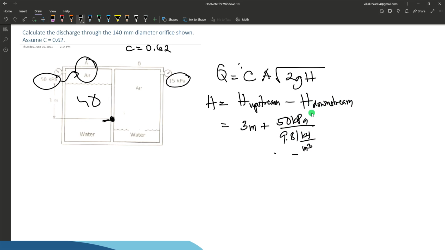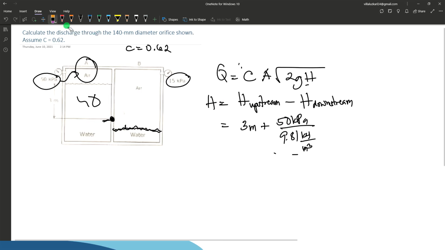Then it is subtracted by the head on the downstream. Since the water in chamber B is below the opening of the orifice, there's no additional head here. But if it is above the orifice, we have a head that will be subtracted from the head of the upstream.